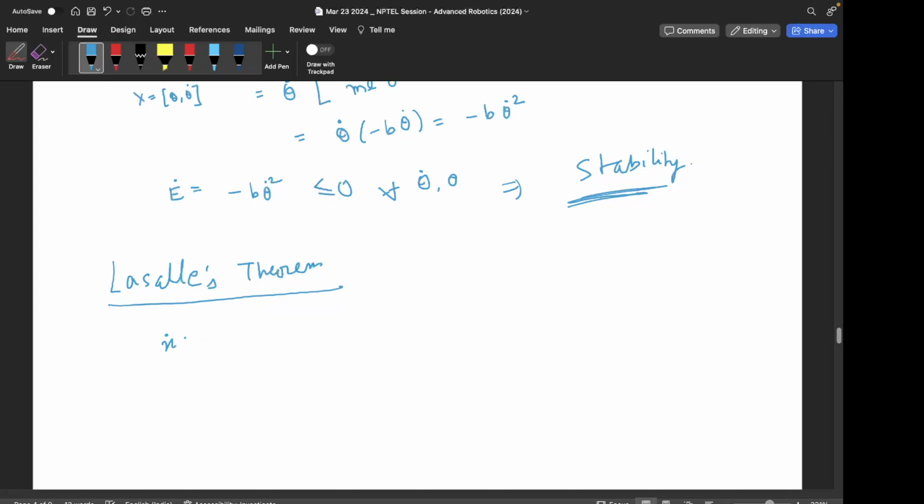If x dot is equal to f(x) and V(x) is positive definite, V dot(x) is negative semi-definite, right? And the third thing is V(x) goes to infinity as x goes to infinity.